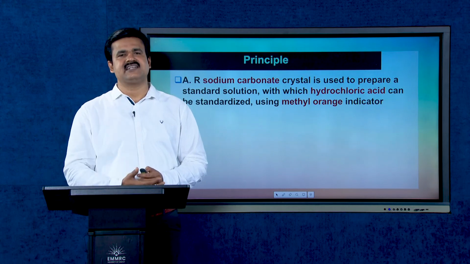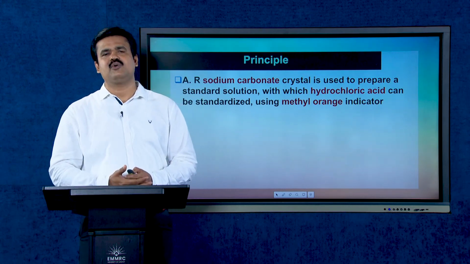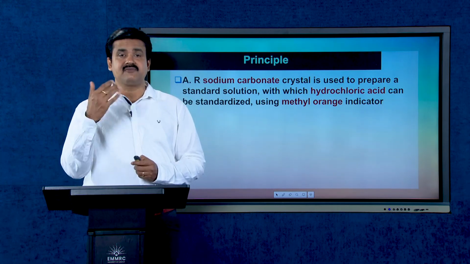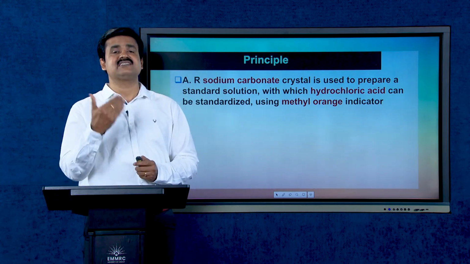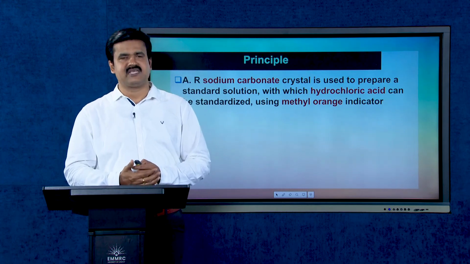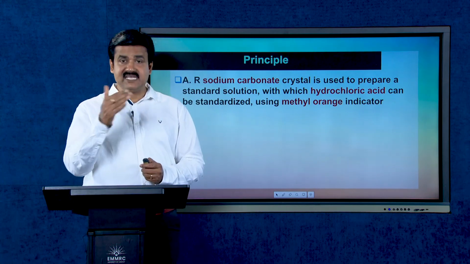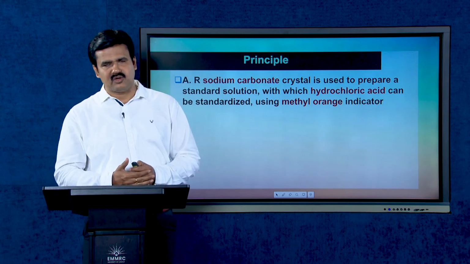For this titration we are using methyl orange as the indicator. The indicator is selected as methyl orange because you are performing the titration between a weak base, sodium carbonate, and a strong acid, hydrochloric acid. For that titration, the suitable indicator based on the pH range is methyl orange.